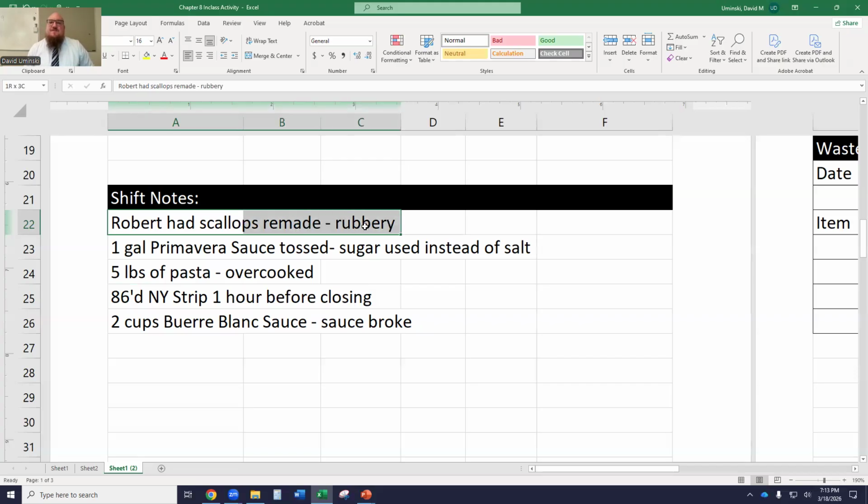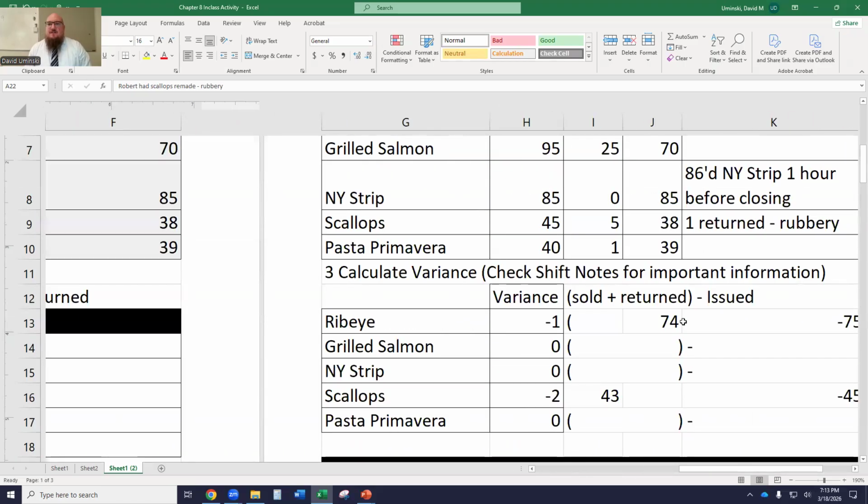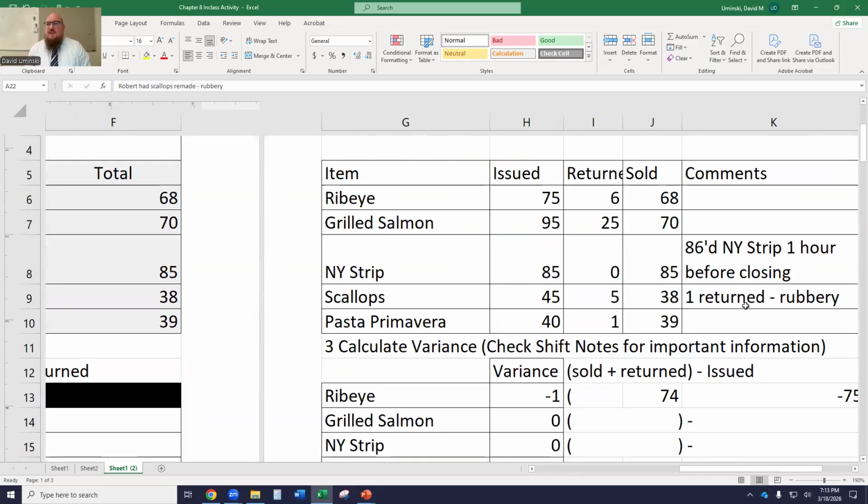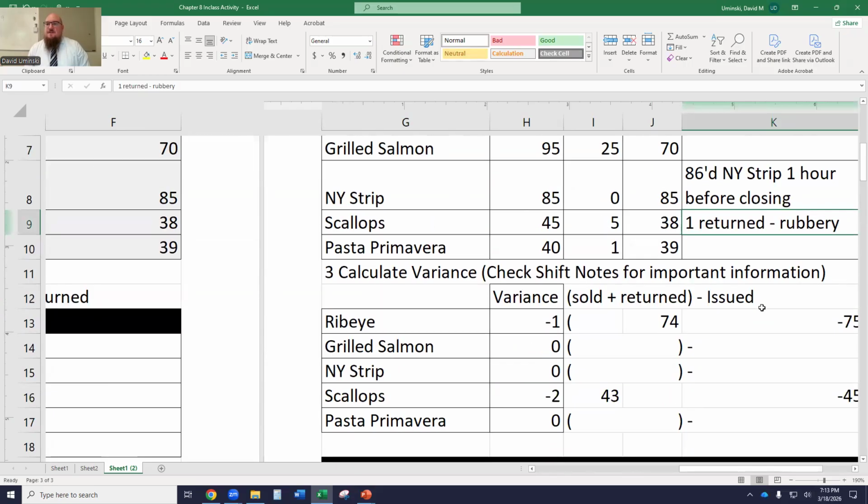So in our shift notes, Robert had some scallops that were remade because they were rubbery. So I'm going to put that note right here on my scallops. So if I'm looking, one item was returned. This could account for the reason why I have -2 because we served one, right? But if Robert didn't go back in and put another order in, like the remake order, then that means my physical and my perpetual are going to be off.